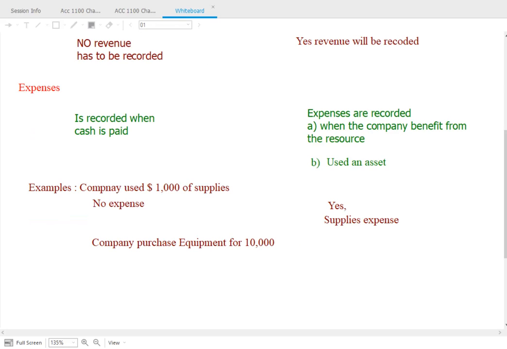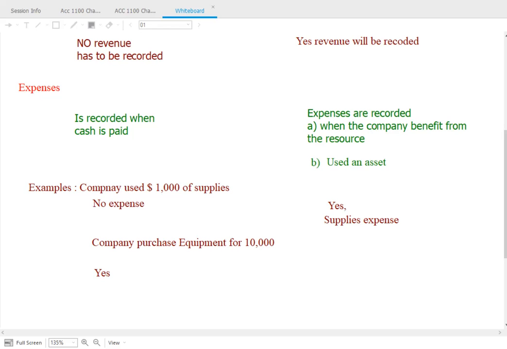Under the cash basis, expenses is recorded once there is an outflow of cash, once there is a payment of cash. When I bought the equipment, I paid cash. So yes, under the cash basis, this is an expense because I paid cash.